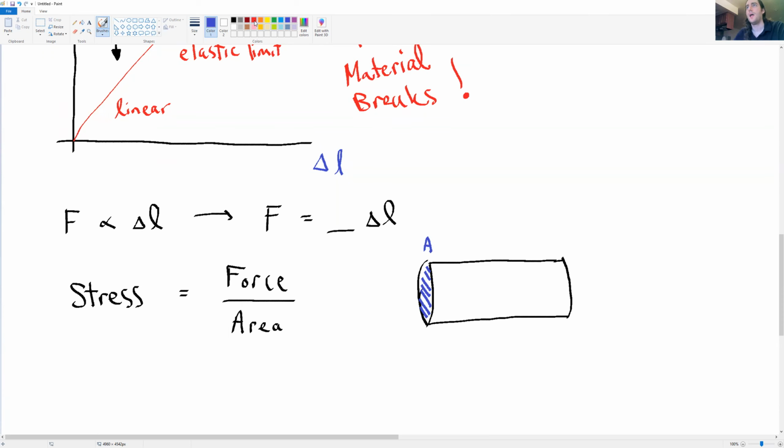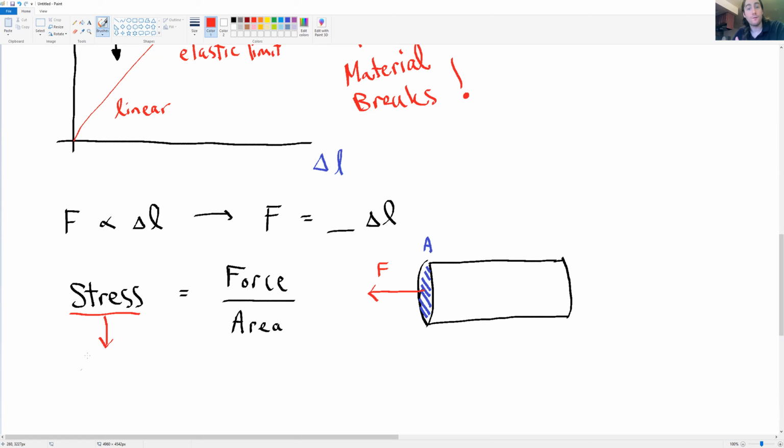This material here has a cross-sectional area, A, right there. And if I were to apply a force to this material, like so, then you might suspect that if the material is thinner, I might have a different response than if the material is thicker, right? And so we define this quantity stress here as force over area.